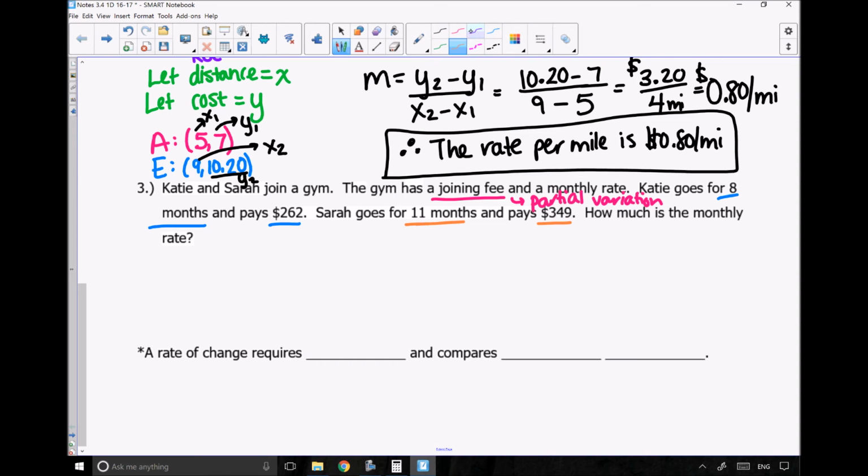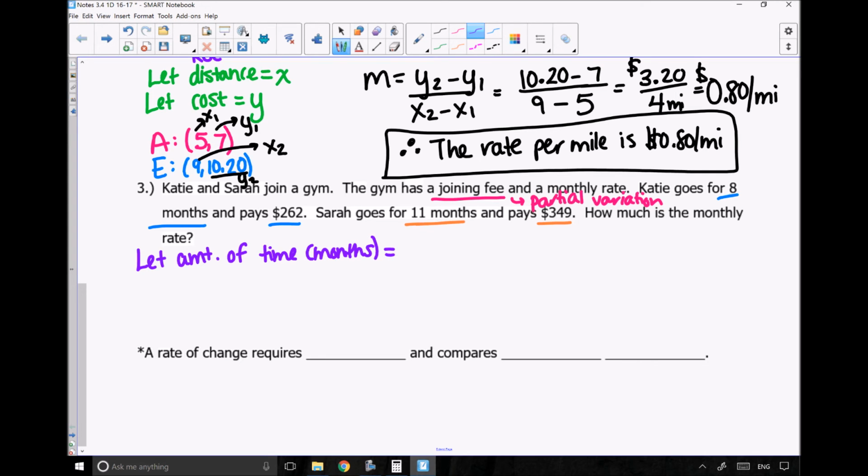So here I want to define my two things that are changing. So we've got 8 months for Katie, but 11 months for Sarah. Therefore, the number of months, or the amount of time in months, is what's changing. Okay, so that's my first variable.